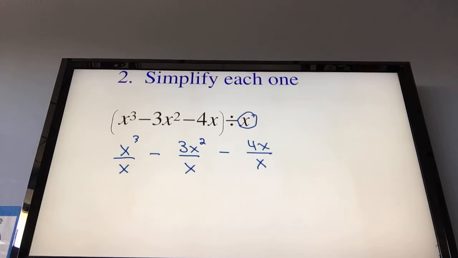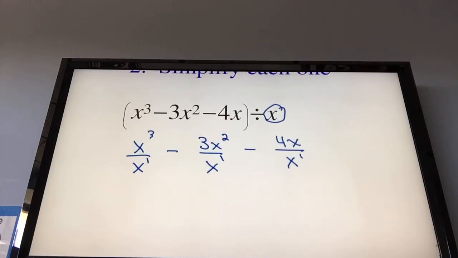So on my first one, again, you don't have to write it, but you've got to know it's there. Those are all understood ones. So on the first one, x to the third over x, 3 minus 1 leaves me x to the second in the numerator, so no denominator there. Minus 3, 2 minus 1 leaves me x to the 1 in the numerator. 2 is bigger.